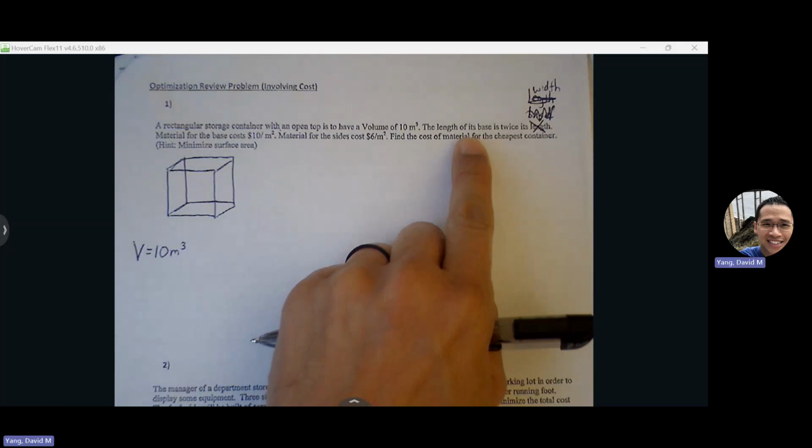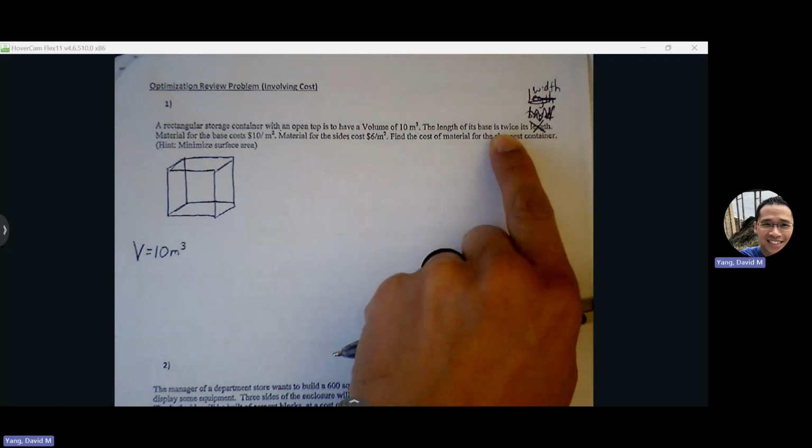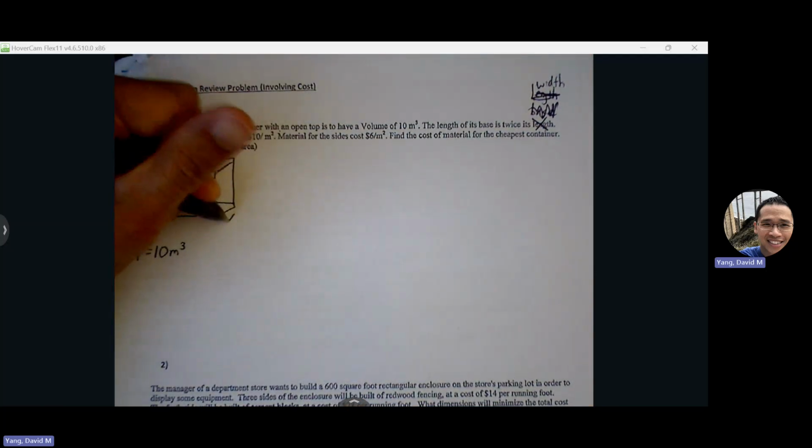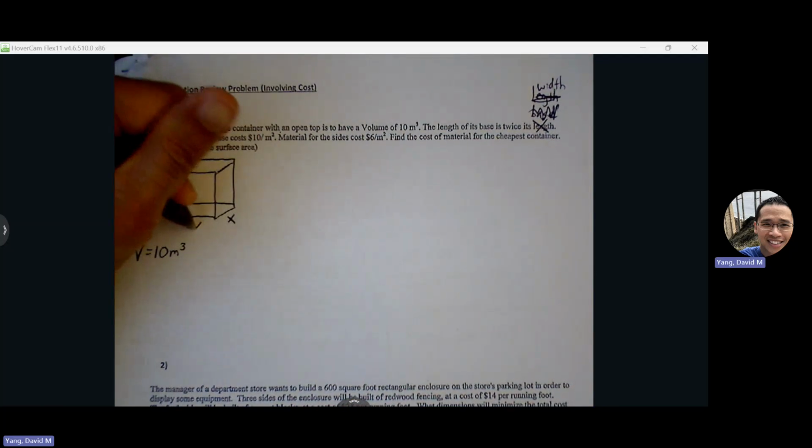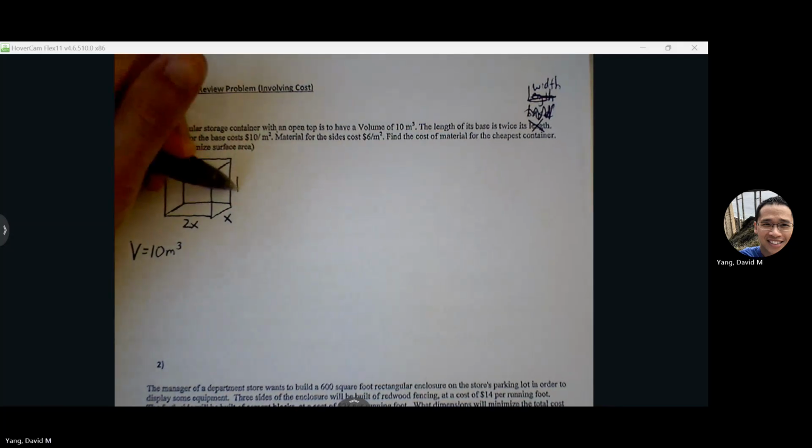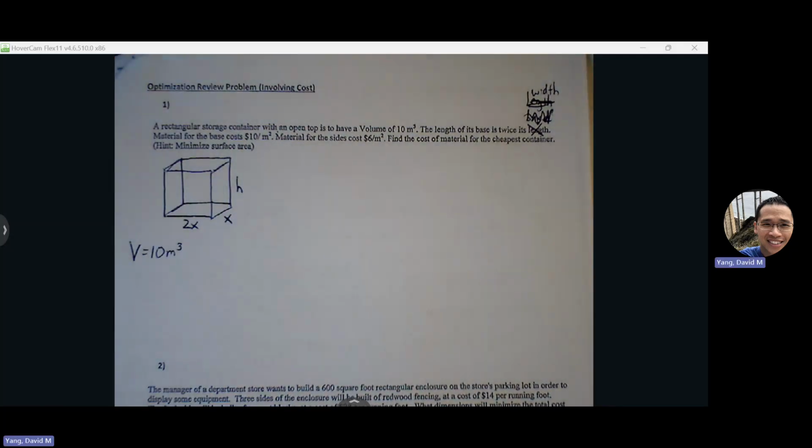All right, the length of its base is twice its width. So you can call one side x, another side 2x. And the height has no relationship with the bases, so it'll have to be on its own variable.